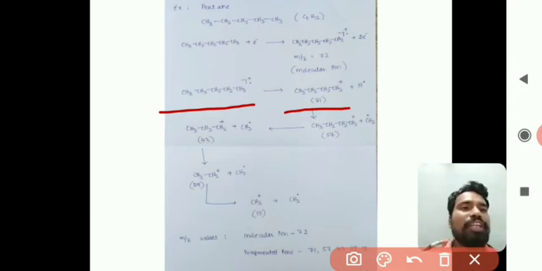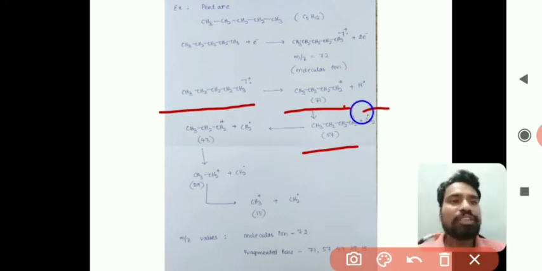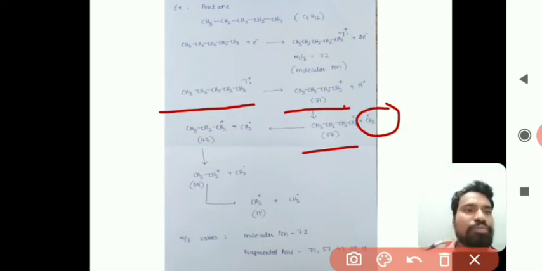That m/z value is 71. Just calculate the mass of all the atoms on the ion. This pentyl cation further undergoes fragmentation and forms the butyl carbocation, CH3 CH2 CH2 plus, with CH2 dot removed.